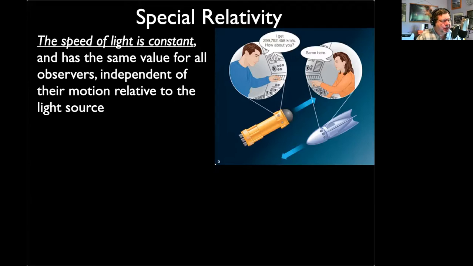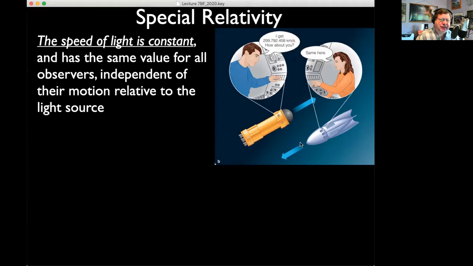This makes no common sense. It would be like you've got a ball that you throw on the airplane and you measure its speed, and I measure the speed of that ball from the outside as the plane is moving by me, and I measure exactly the same speed of the ball. That makes no sense, and it just violates common sense.